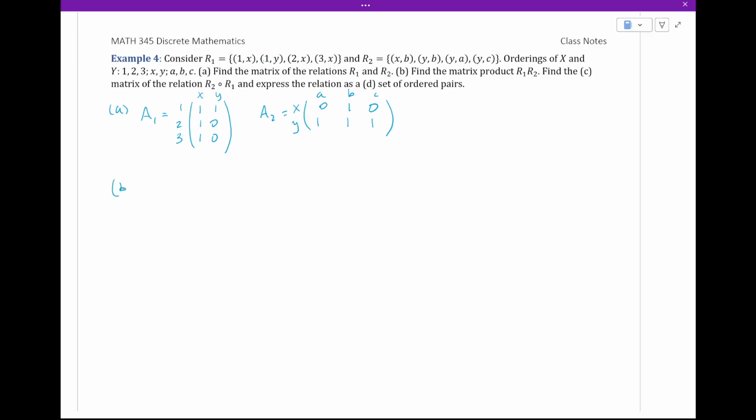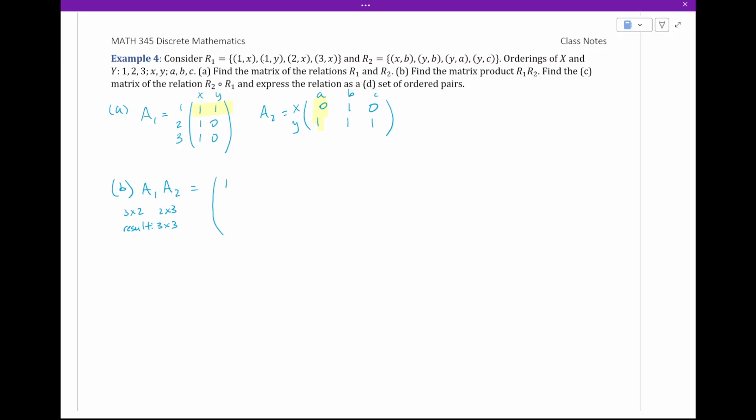All right, in part B, we are looking for A1 times A2. A1 is a 3 by 2 matrix. A2 is a 2 by 3 matrix. So we can do this, and our result is going to be a 3 by 3 matrix. So I'm going to do this one with this. So that is 0 and 1.